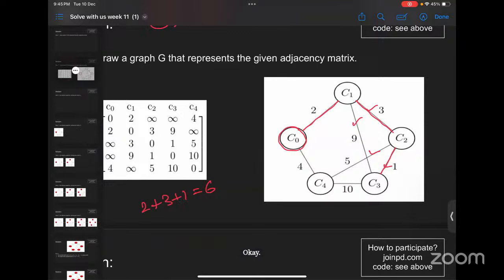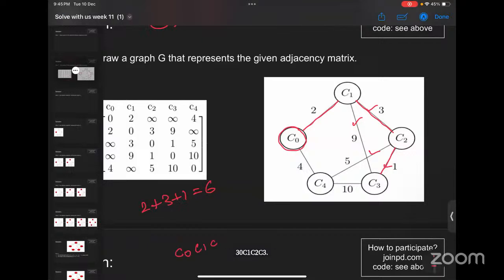Okay. So yeah, any answer? Hint is like you have to consider all possible ways, covering all the vertices starting at C0 ending at C3, and then just calculate the cost and choose the way with minimum cost. This is the hint, and let me know. C0, C1, C2, C3.